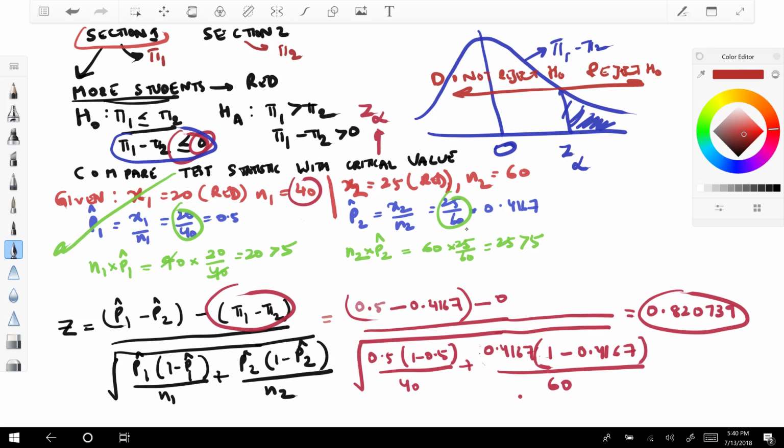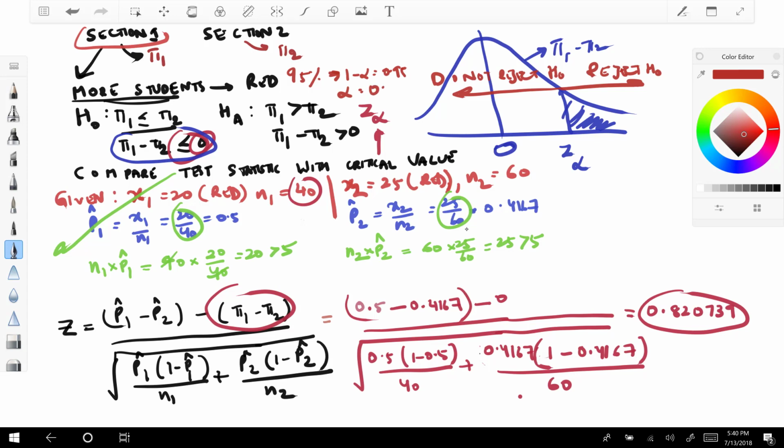Suppose it's given as 95%. That means 1 minus alpha is 0.95, so our alpha is 0.05.